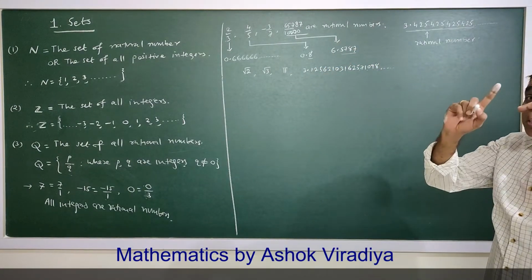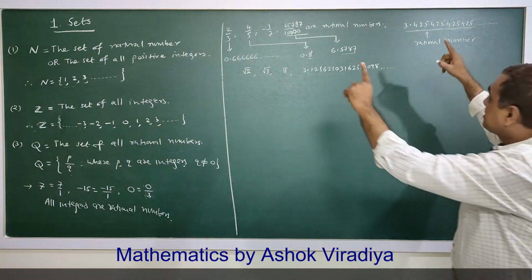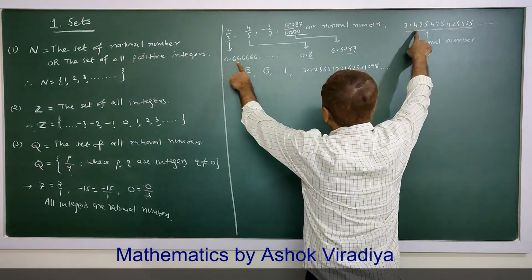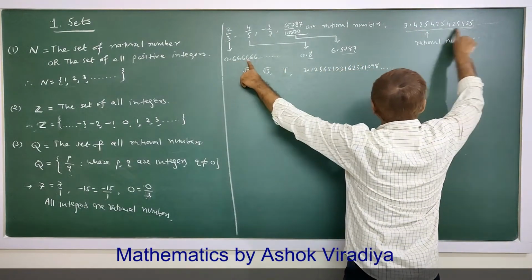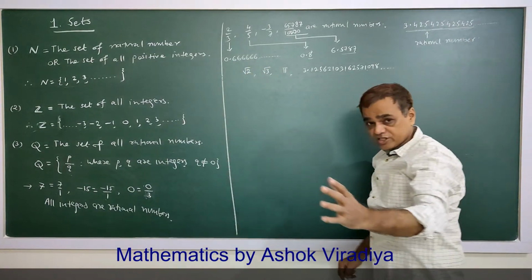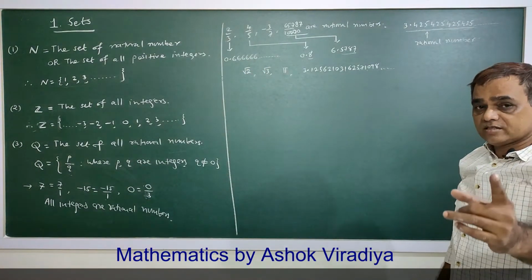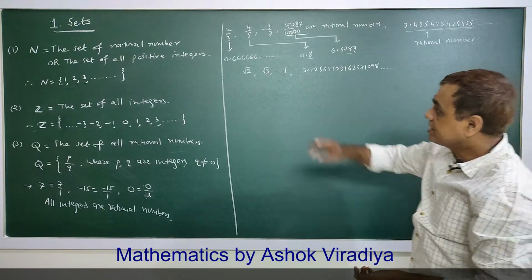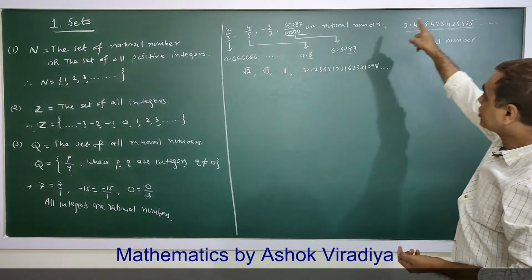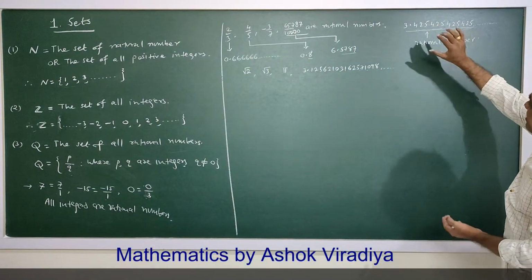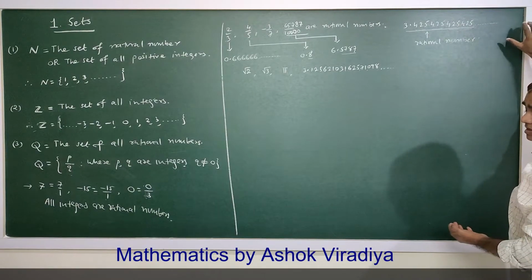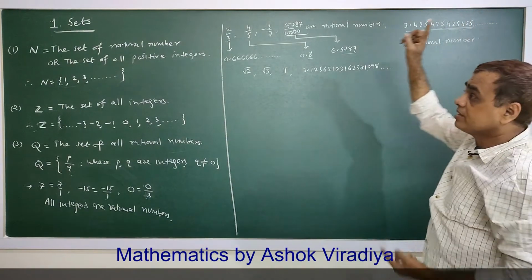But if after the decimal point you find an infinite number of digits, in which there is a recurring digit or recurring bunch of digits infinite times, then also it is a rational.